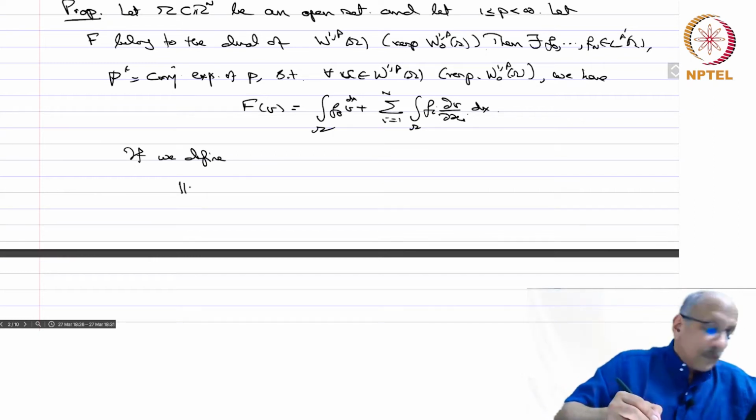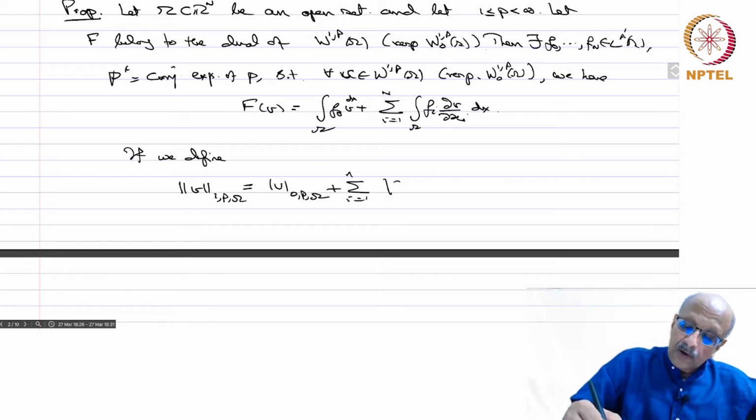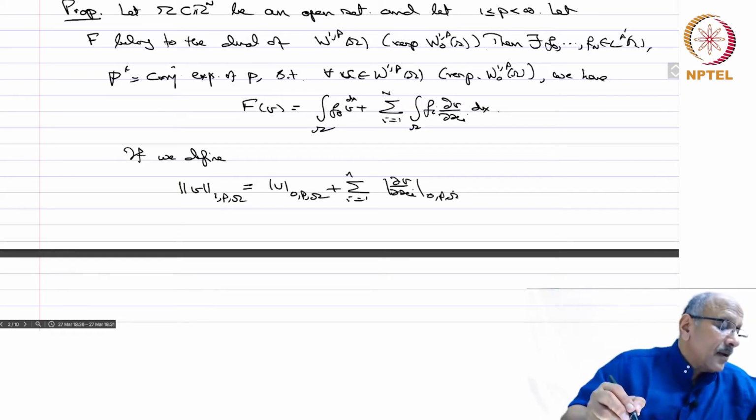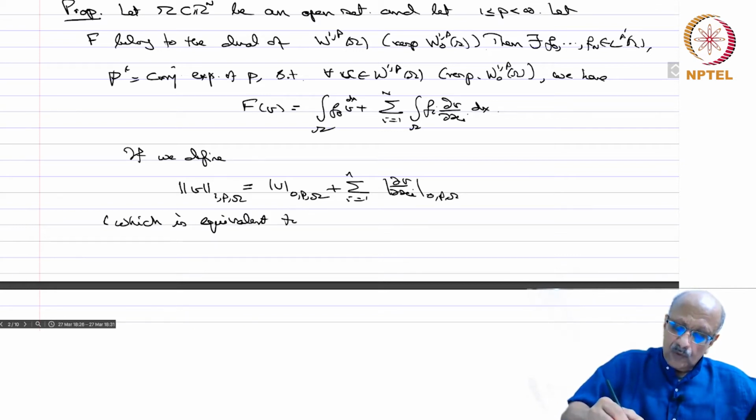Okay. So if we define the norm of v in W1P omega to be equal to the norm of v in L P omega plus the sum for i equals 1 to n of the norm of dv by dxi in LP omega, which is equivalent to the norm defined earlier.